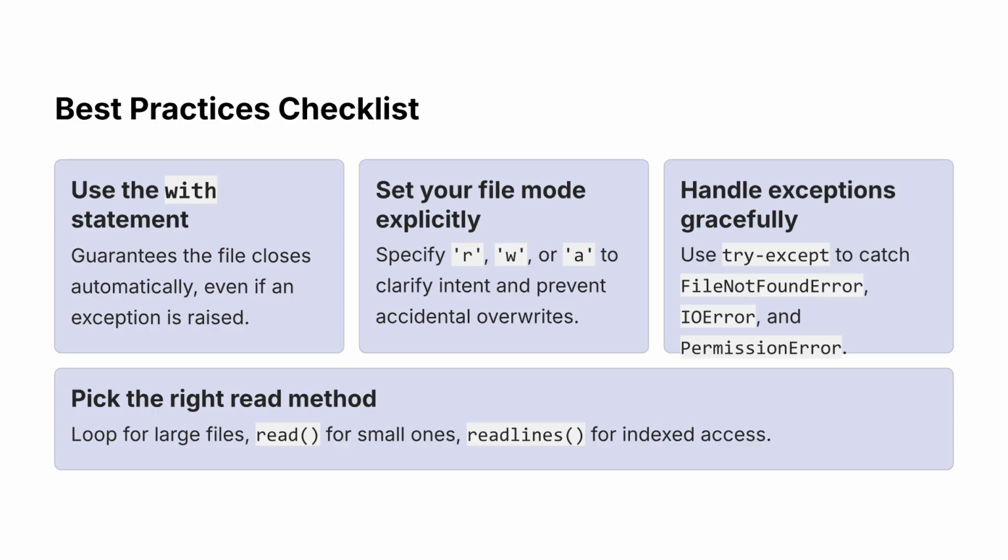Wrap file operations in try except and catch FileNotFoundError, IOError, and PermissionError where relevant. And four. Pick the right read method for the job. Loop over the file for large datasets, use .read for small ones, and reach for .readlines when you need indexed access. Nail these four habits and your file I/O code will be clean, safe, and production ready.